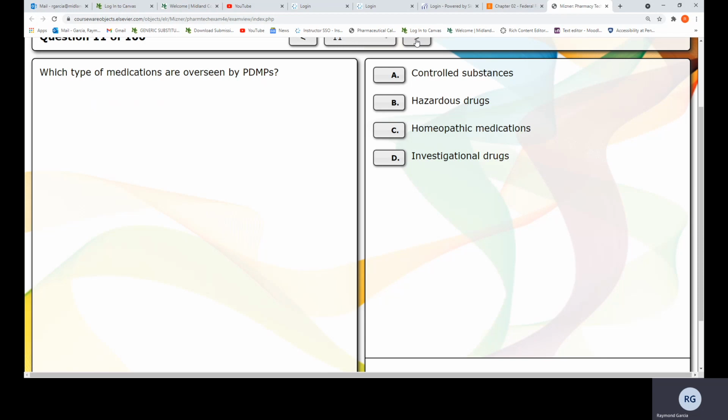Which type of medications are overseen by the prescription drug monitoring program? Okay, correct. Was that homeopathic? No, it really doesn't give much on that, neither on the investigation of drugs either. Either hazardous or controlled for the most part.